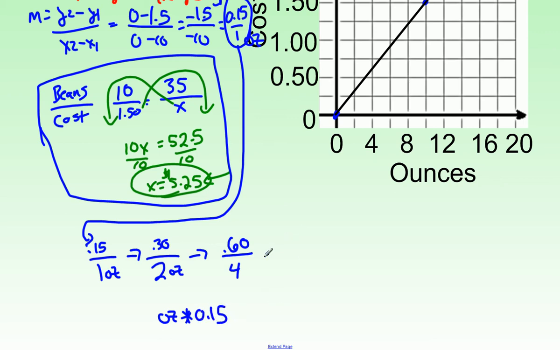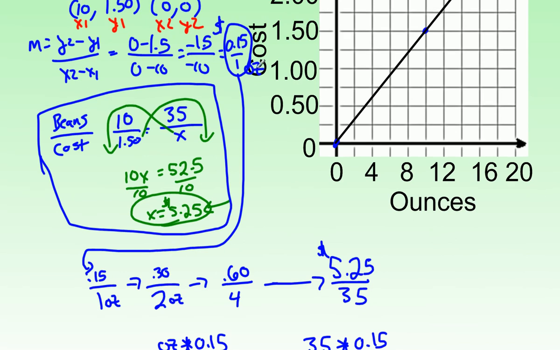So for us to go from here all the way down to 35 ounces, all we'd have to do is take 35 times 0.15, that unit rate. And I guarantee you it's going to equal 5.25. Okay, so this idea of finding the slope, it wasn't a complete dead end. It didn't make sense at the time, but it is another method for doing the same problem.